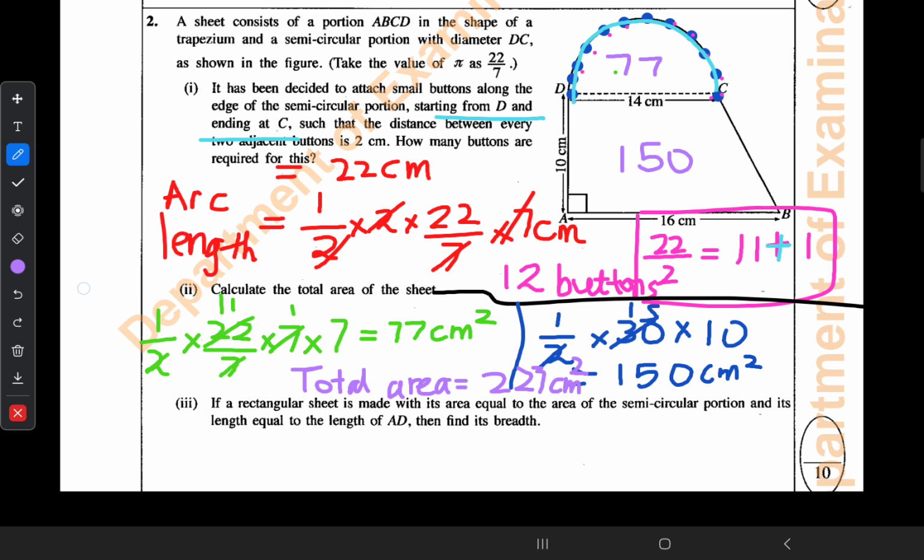Then our last question. If a rectangular sheet is made with its area equal to the area of the semicircular portion and its length equal to the length AD, find its breadth.